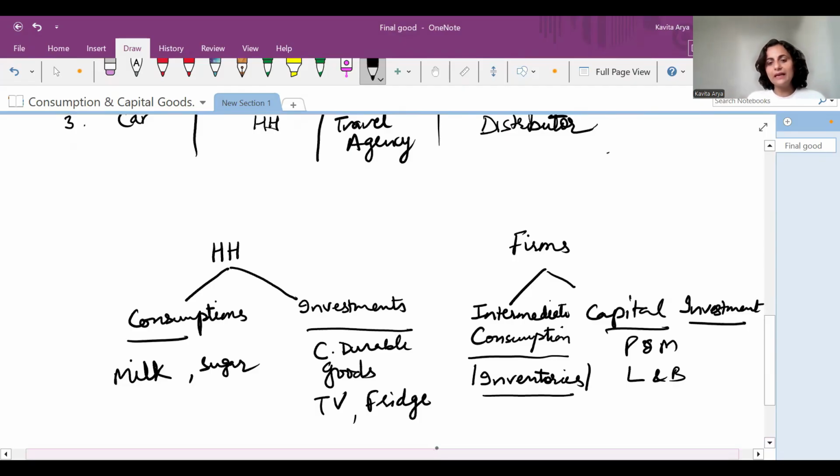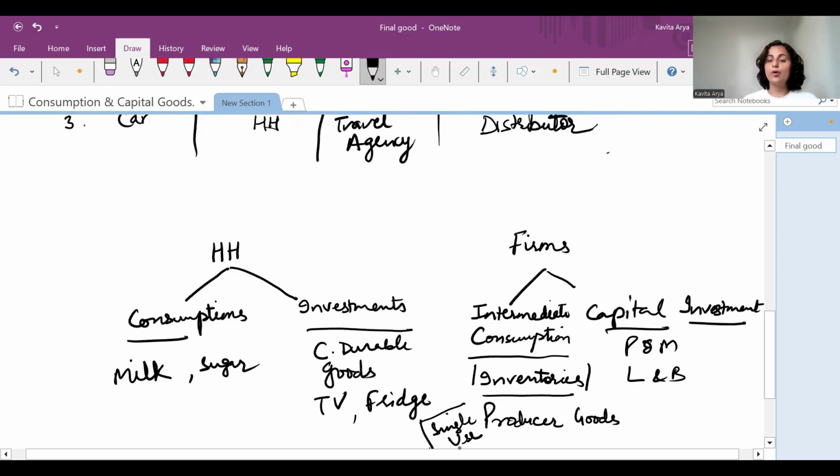So in this category, I need to mention producer goods and single use producer goods. For some numericals, you would see this term being used. Single use producer goods are nothing but the intermediate consumption.